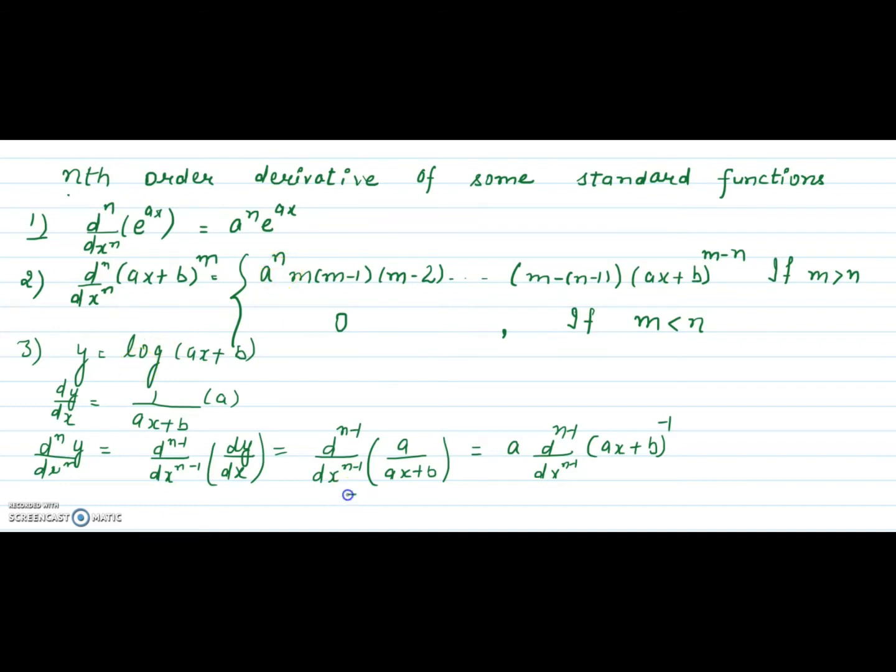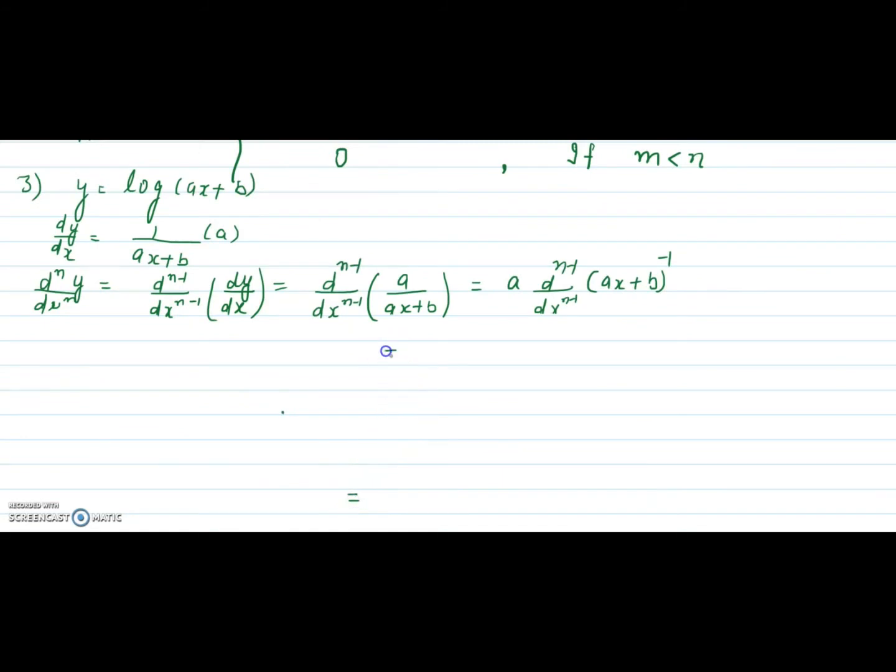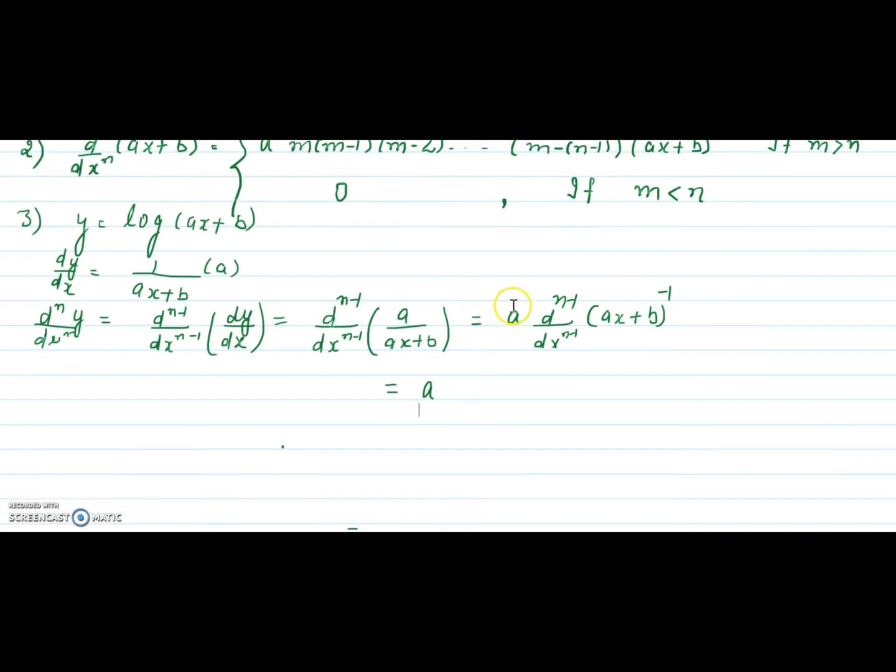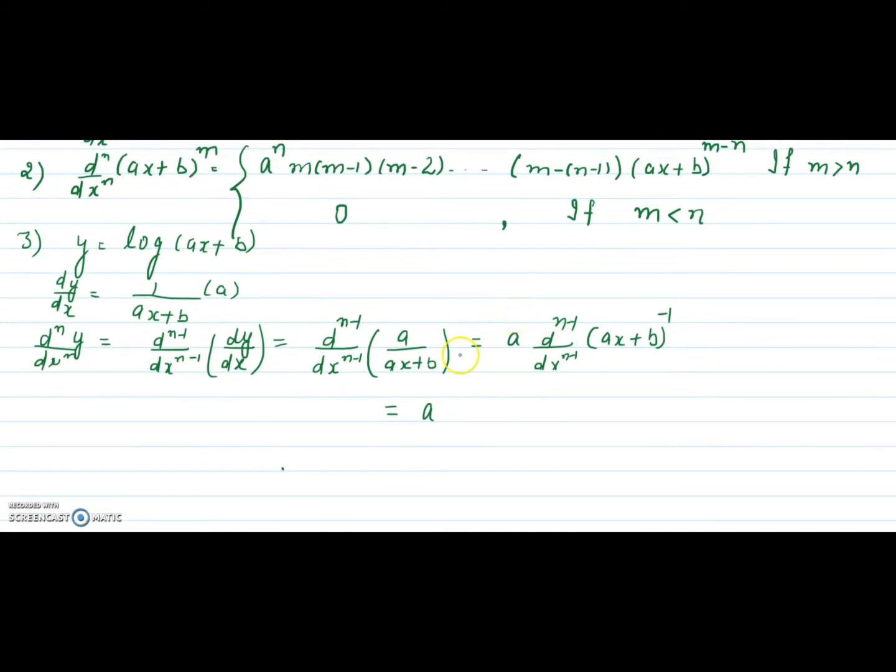So we will apply this formula and we will write n minus 1 in place of n. So what we will get, this is equal to a, and next term is a raised to power n minus 1. And as I have mentioned that in place of m, you will write minus 1.